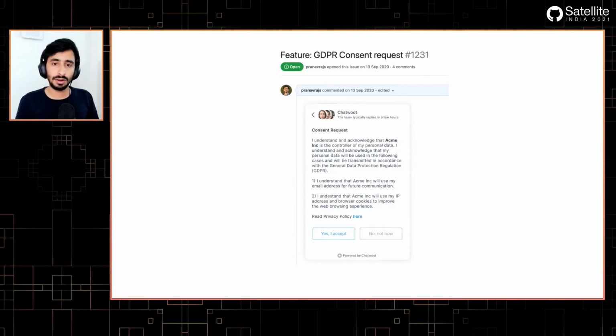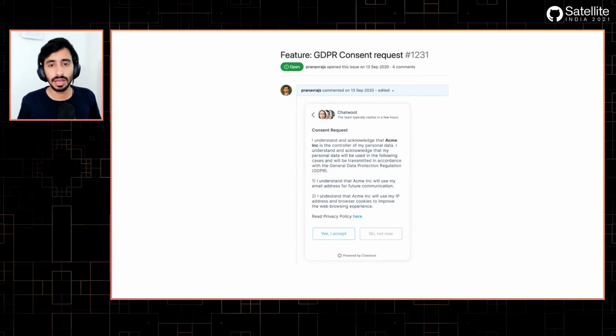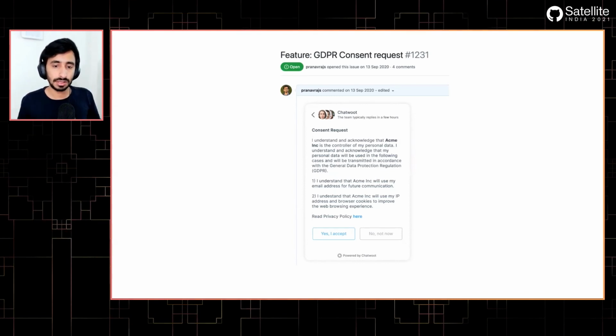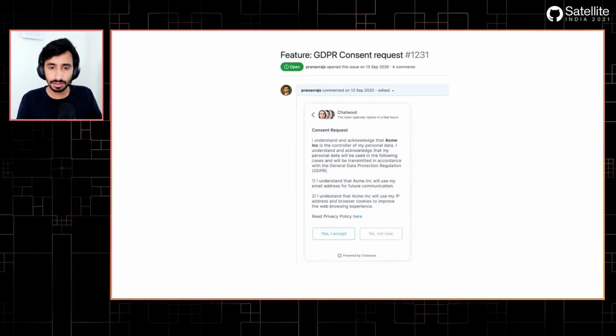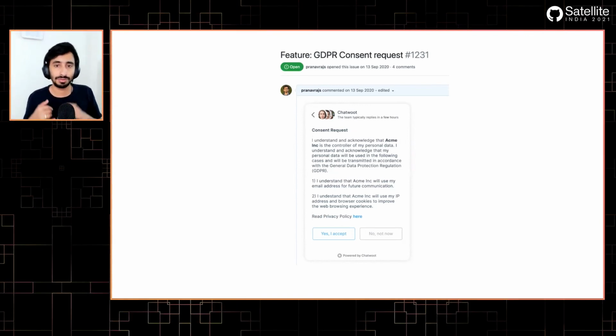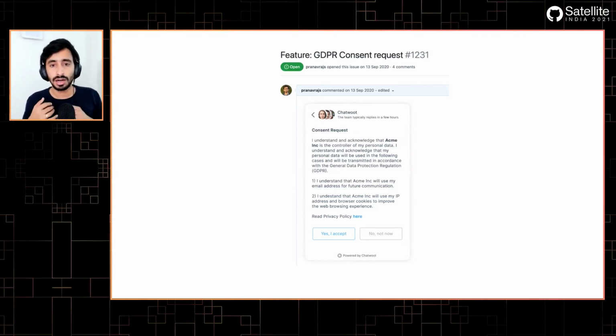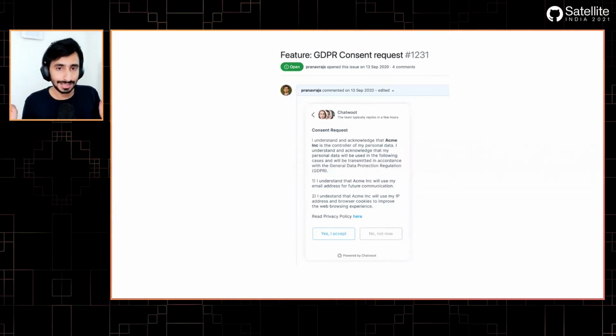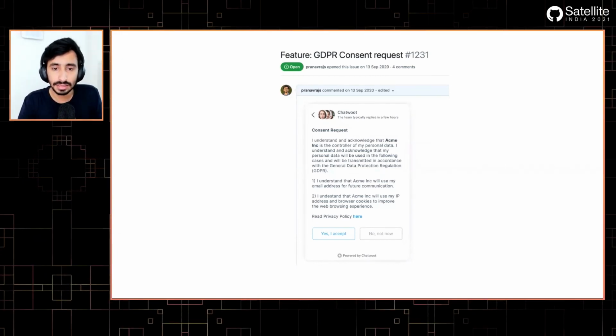And this drove a lot of comments and a lot of discussions based on very particular things. For example, one of the things people suggested was to provide an option instead of having a text area to add this consent.